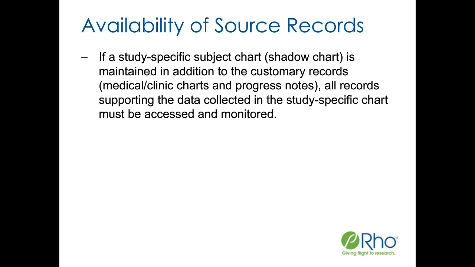It's very important that the site understand what the monitor will be looking at each time. Often if they establish a shadow chart, they assume that's all they'll need to produce during monitoring visits. They need to understand that they must make all documentation available regularly, or implement a process whereby there is a documented QC from the shadow chart to its sources.